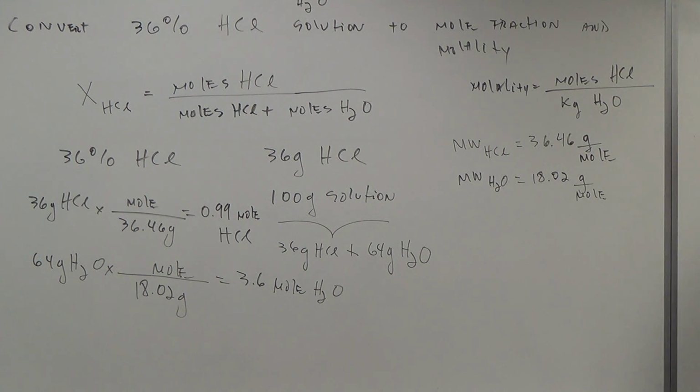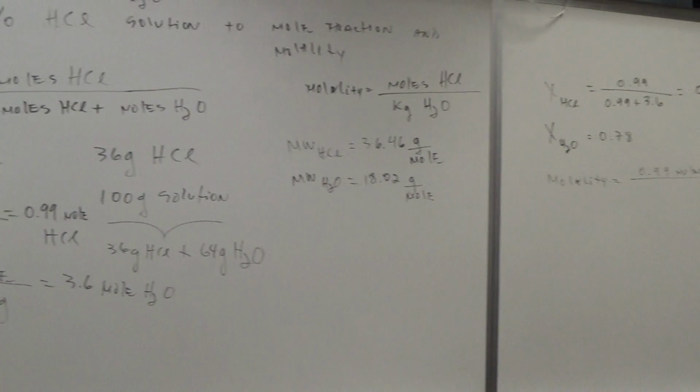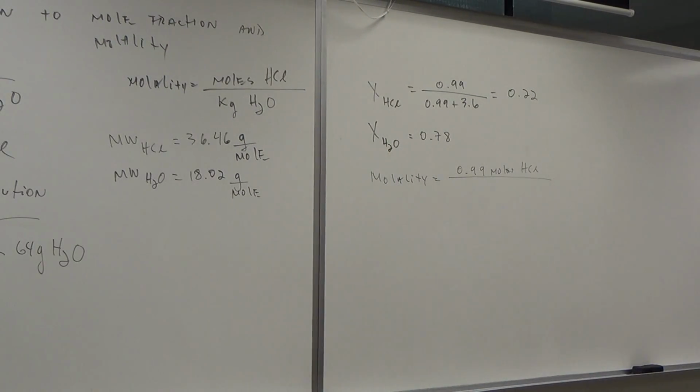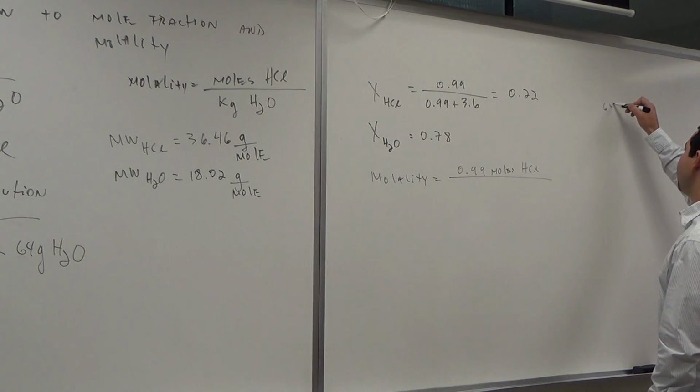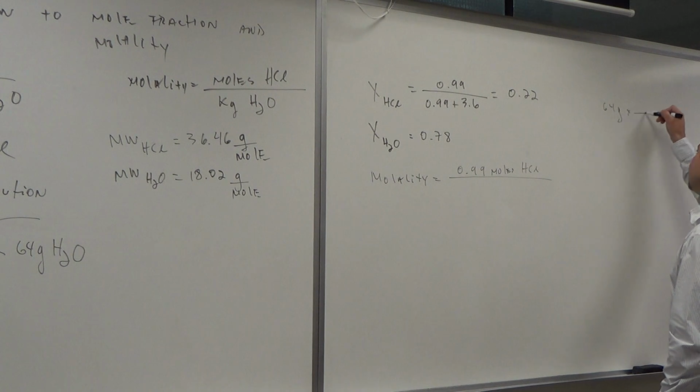We are now in molality. Molality is the moles of HCl, we already have the moles of HCl, divided by kilograms of solvent. How many kilograms of solvent do I have? I have 64 grams, yes? I need to convert 64 grams to kilograms.